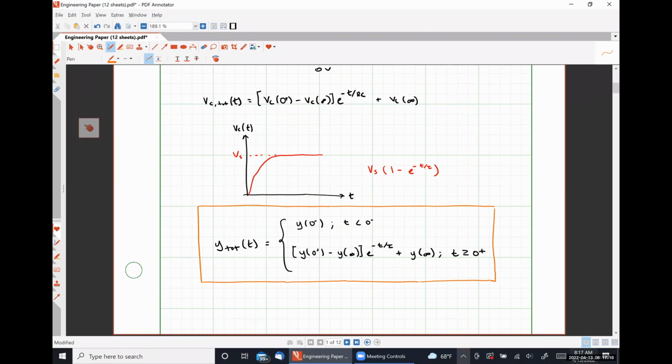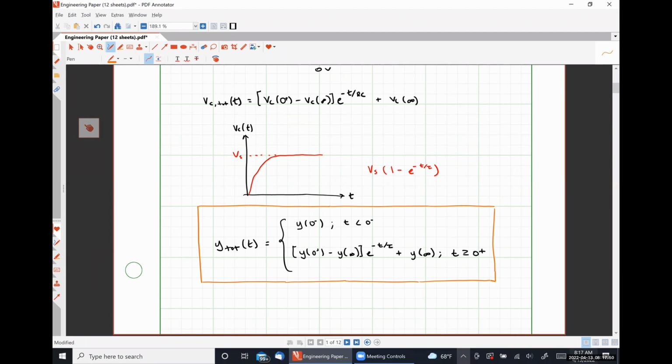And in a total response problem, we are adding independent sources to be connected to the energy storage element. So if you analyze the circuit at t equals 0 plus, and there's still an independent source influencing the behavior of your energy storage element, you have a total response problem. If there aren't any independent sources connected to your energy storage element, you are dealing with a natural response problem.